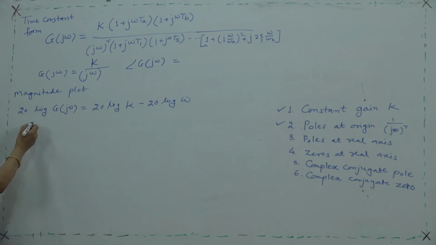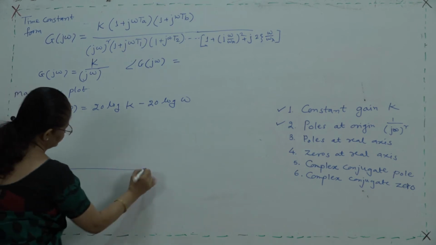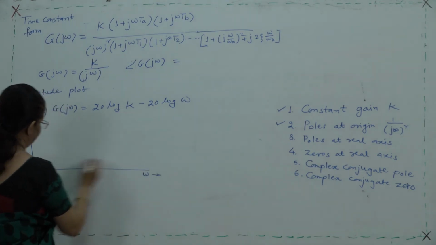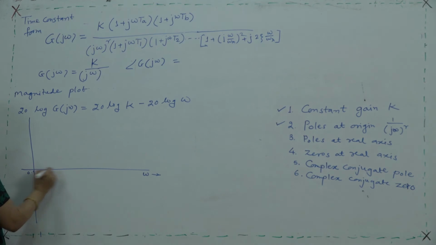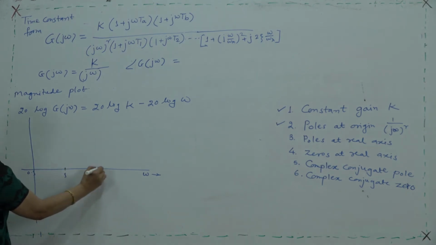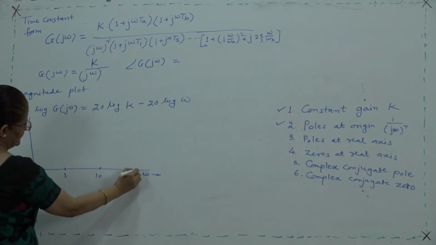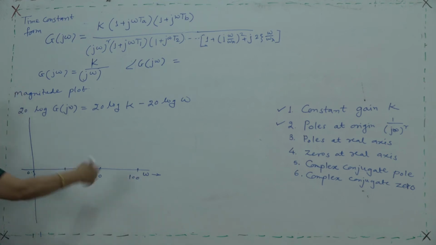So, how will you get the magnitude plot? So, again we will try to represent. This is omega: 0.1, 1, 10, 100. In that way you will get logarithmic scale.